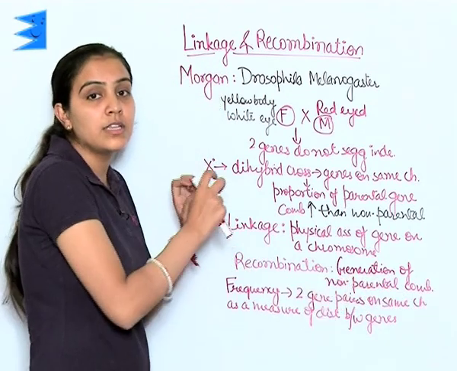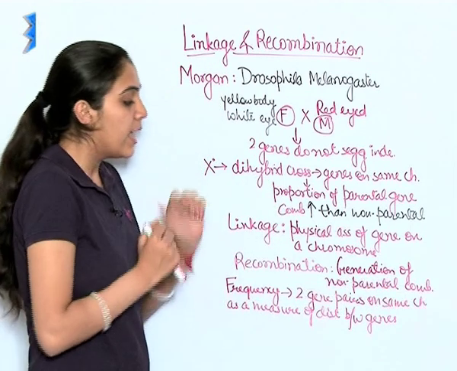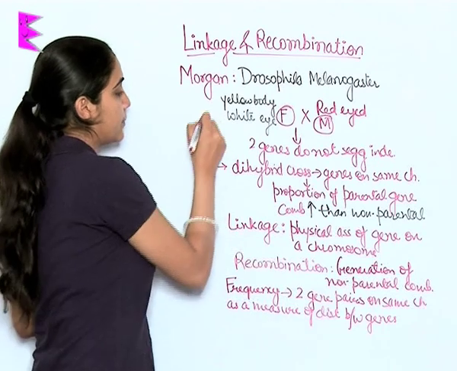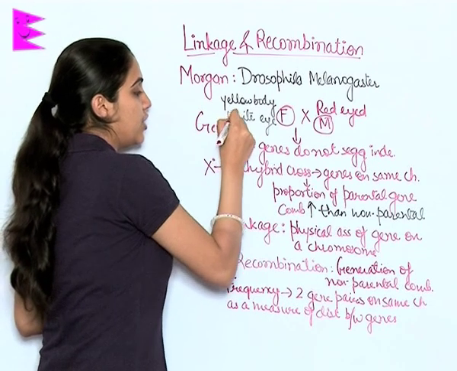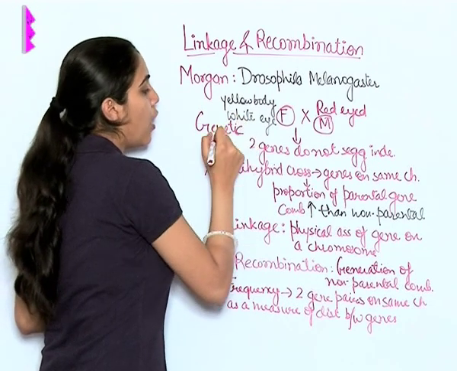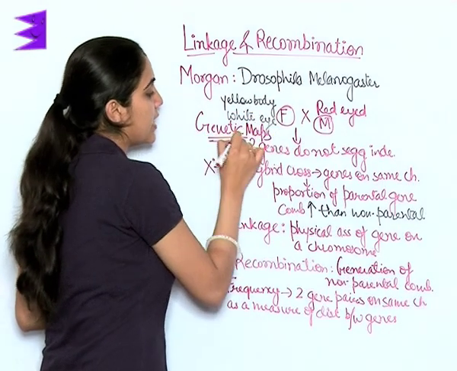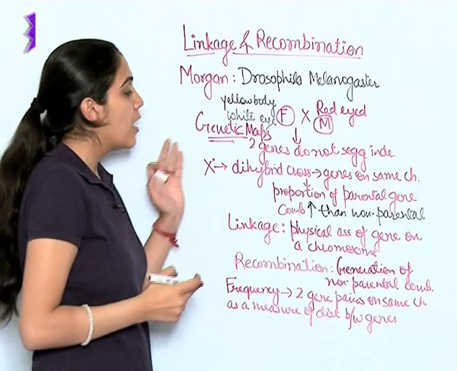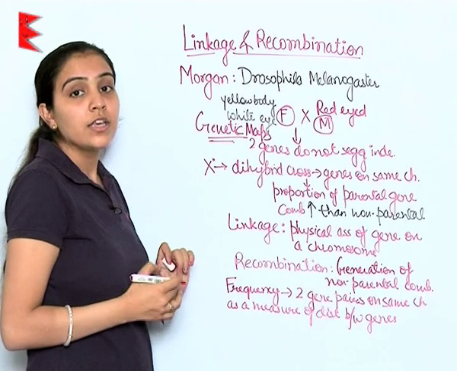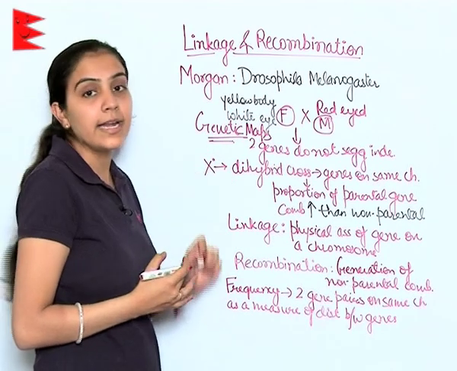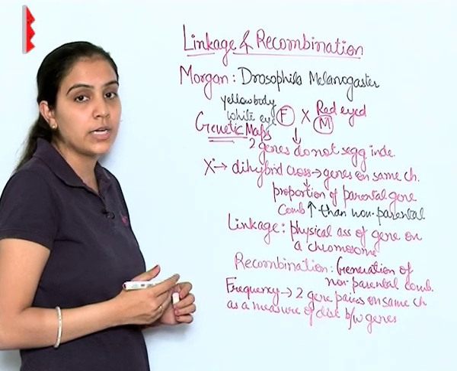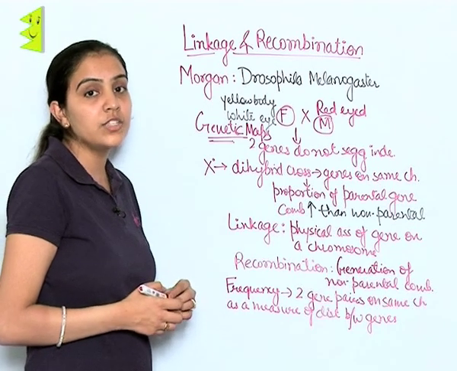Further, the genes were mapped on the chromosome, and this gives us genetic or gene maps. These days, genetic and gene maps are the key to genome projects, and the latest and most advanced genome project under study is the Human Genome Project.